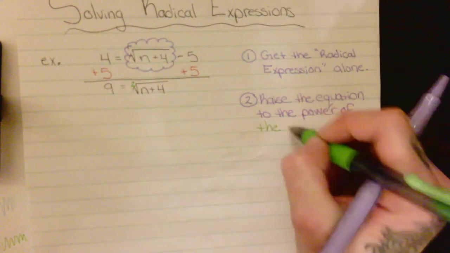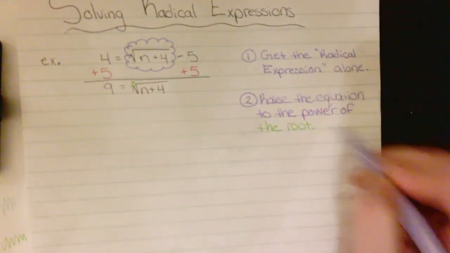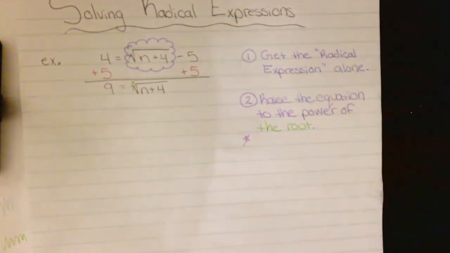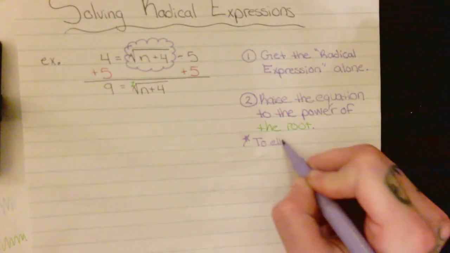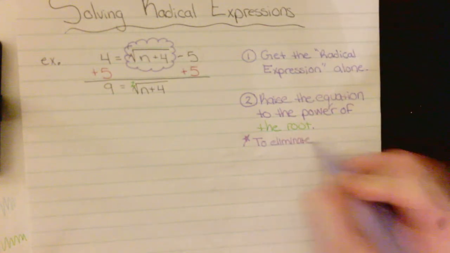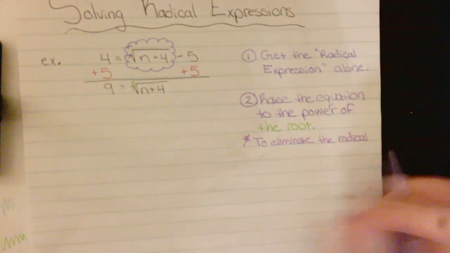I'm going to write the root, or index, in green. Now you say, why are we trying to do that, Miss M? And I'll tell you, it's to eliminate the radical sign, or the root.